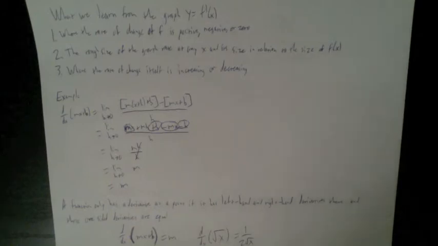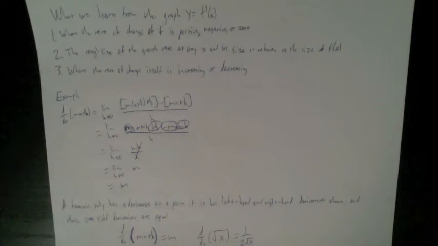We can see that the mx and the b's are going to cancel. So we're left with the limit as h approaches 0 of mh over h. Now the h's cancel, and we're just left with the limit as h approaches 0 of m. Since there are no h's, it does not approach 0 anywhere, so it's just m.